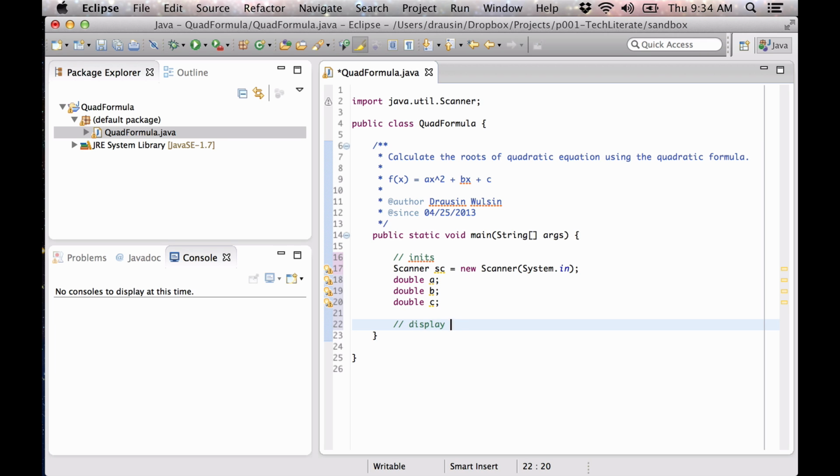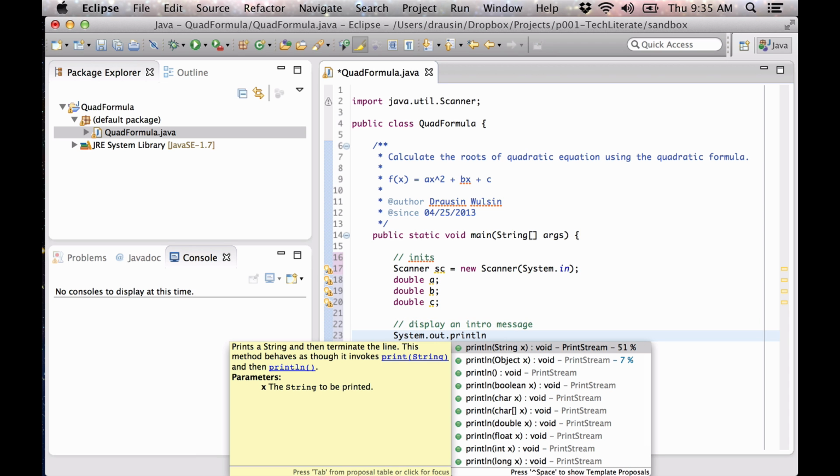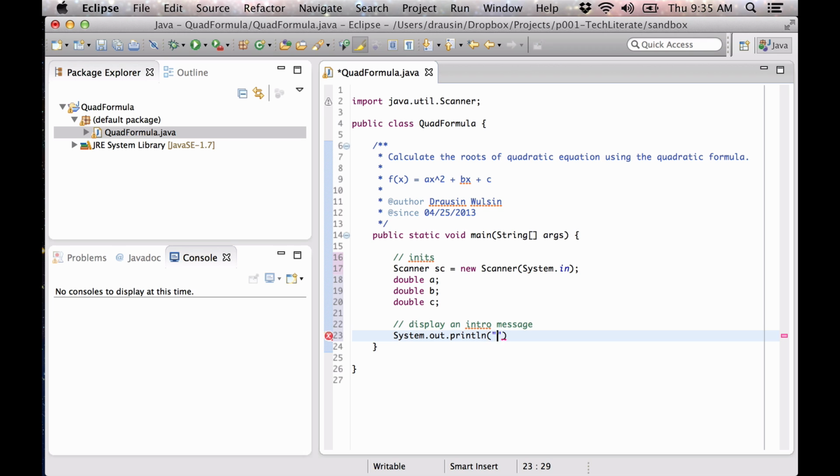So we're going to display a little intro message. Now here, notice that there's more that I want to say on this line, but I don't have enough space because I'm going to run into my 80 characters pretty soon.